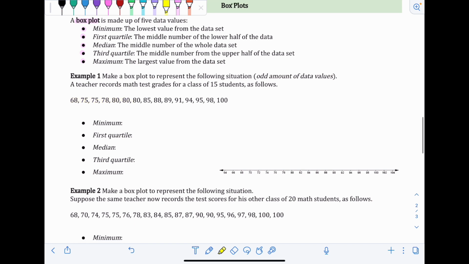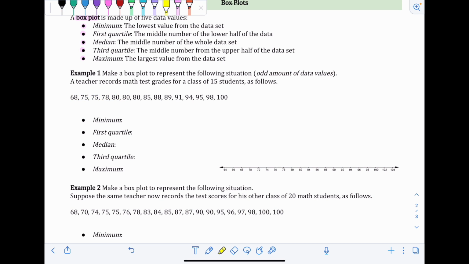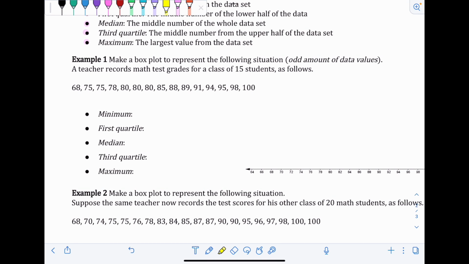We need to go through and find all 5 of these values before we can really even begin our box plot. There's not a set order that you have to go in. I would probably recommend just finding the minimum and the maximum first. So I'm going to add a suggested order here.